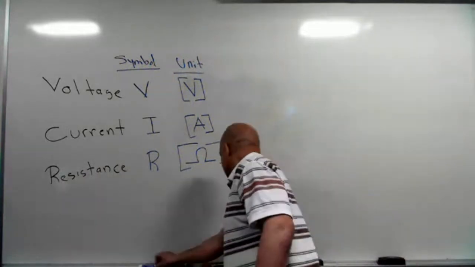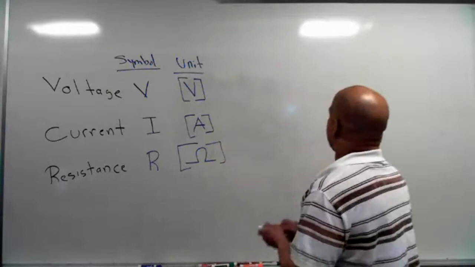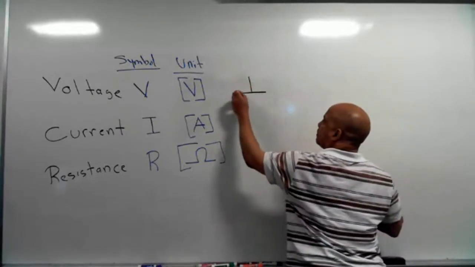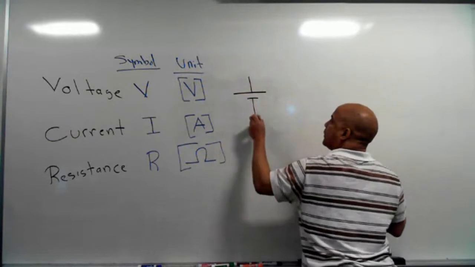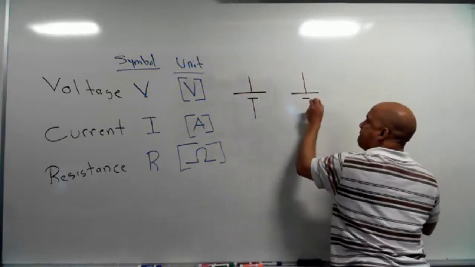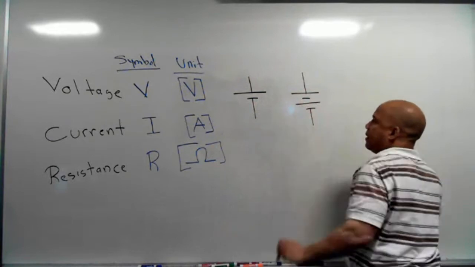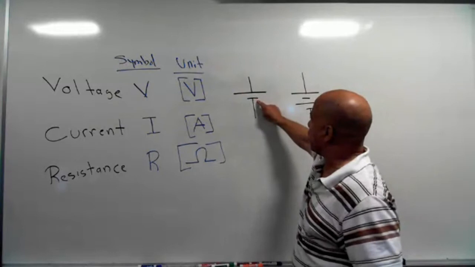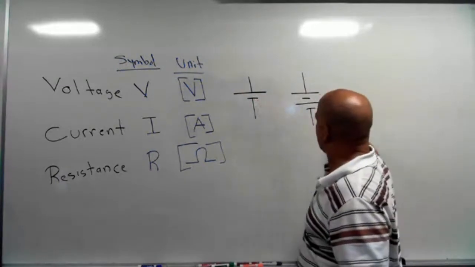So for voltage, I can use one of 3 symbols. I can use this symbol. I can use this symbol. And when you use one of these 2 symbols, I have a long line and I have a short line.